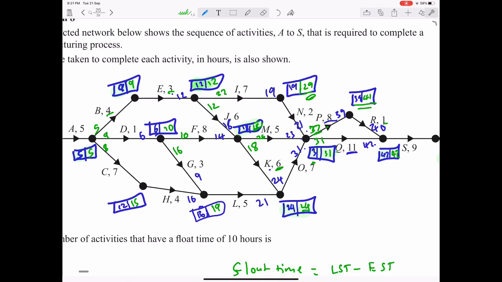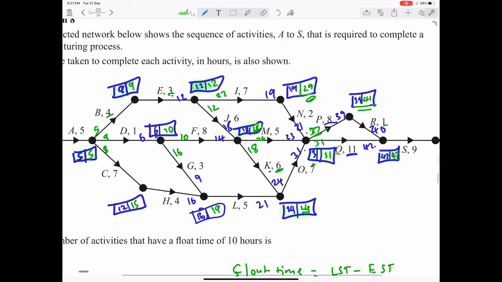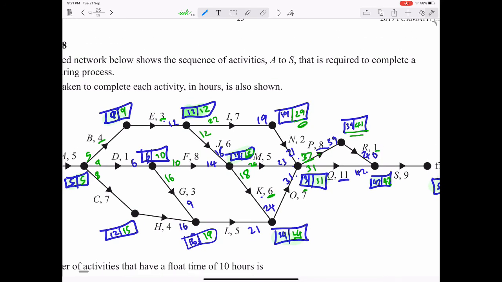And if we go back over here, we can see that the float time of activity M is 26 minus 18, which is 8, so not a float time of 10.